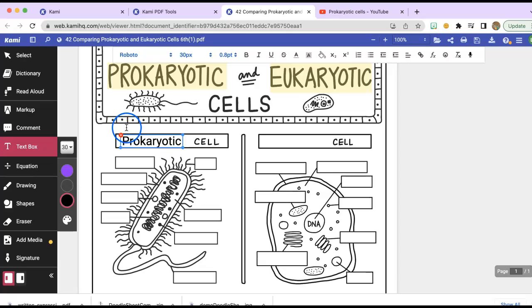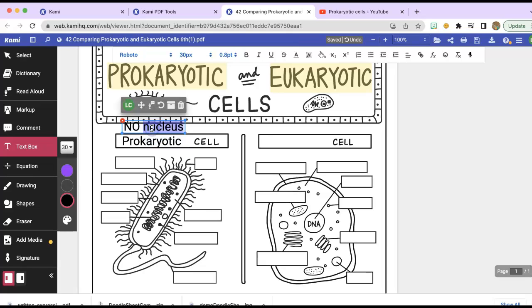Now I need you to do me a favor. Above this title, I want you to take your pencil and write something else. And I'm going to put this in all caps, or all capital letters. This has no nucleus. A prokaryotic cell has no nucleus, and I will explain more in a minute.